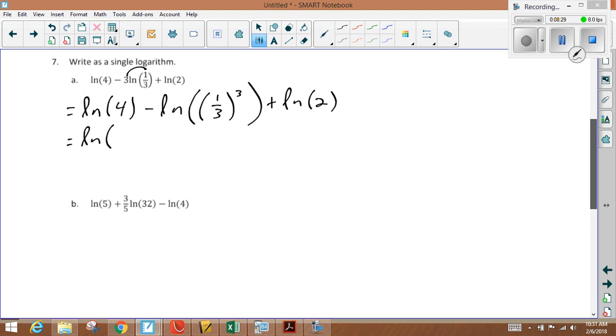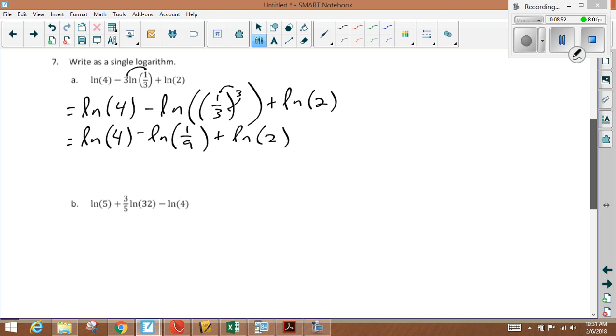I'll go ahead and write this as natural log of 4. I'm going to simplify this. I'm going to raise everything in my parentheses to the 3rd power. So this is going to be minus natural log of 1/9 plus natural log of 2.